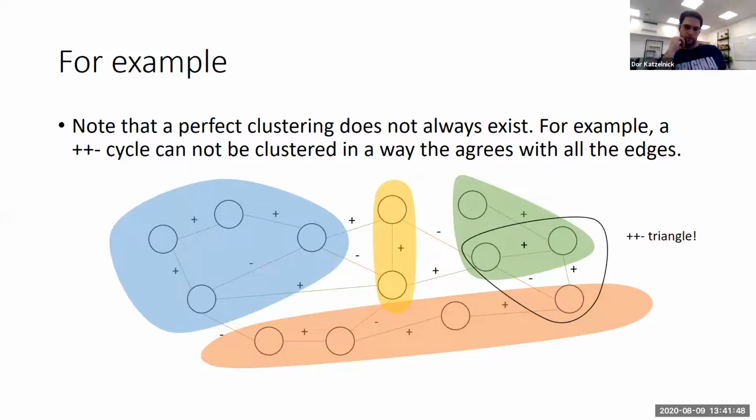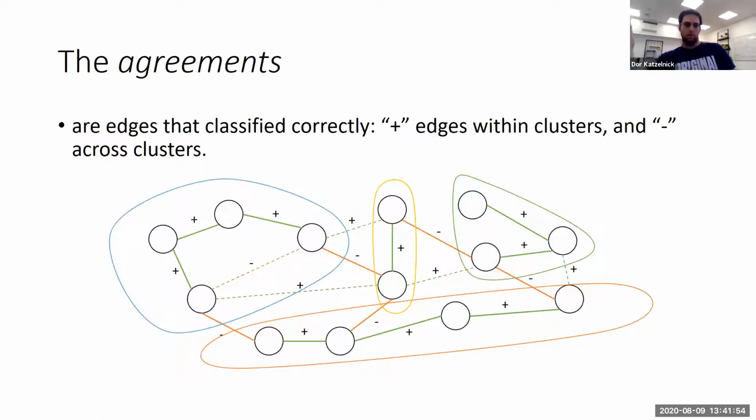So how exactly do we measure how good the clustering is? The first thing we can do is to count the agreements. The agreements are the edges that are classified correctly. For example, a plus edge that resides within a cluster, and a minus edge that goes across clusters.